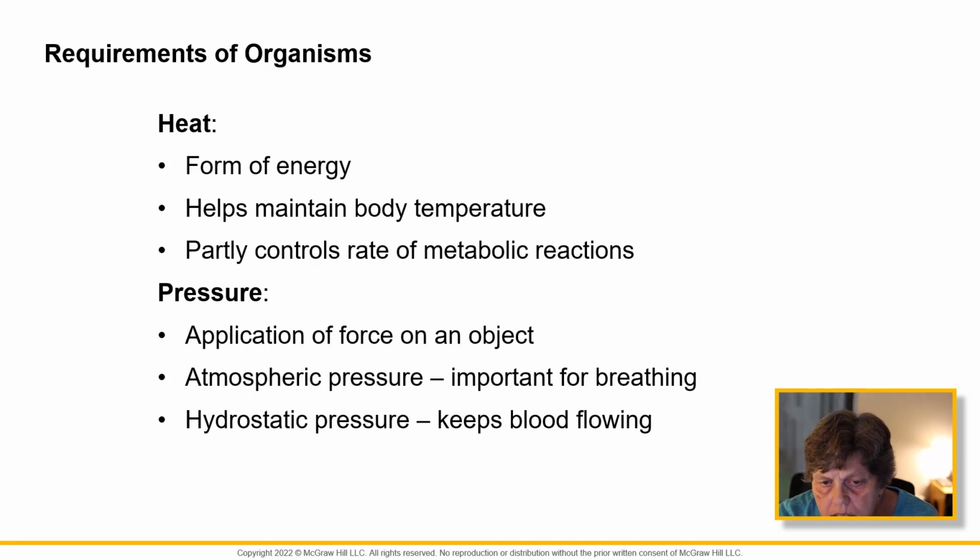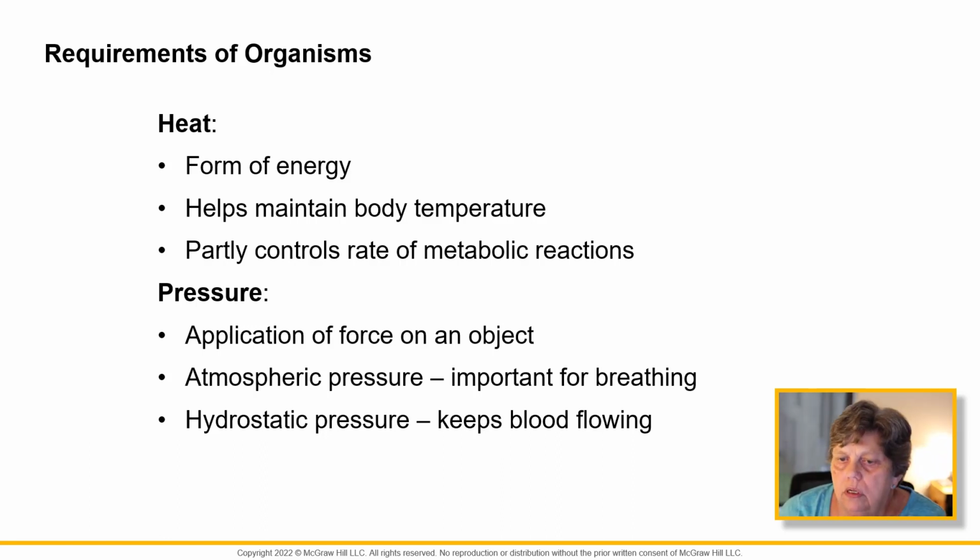Heat is a form of energy. It helps us maintain body temperature. It controls our metabolic reactions. If we talk about maintaining body temperature, most of us know that we are warm-blooded animals, and because of that, we maintain our temperature at a set point.